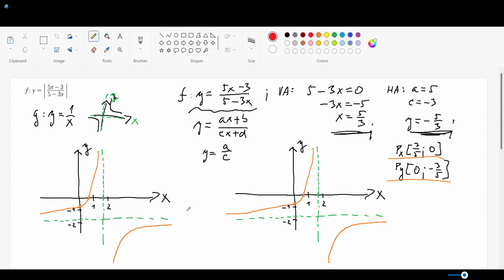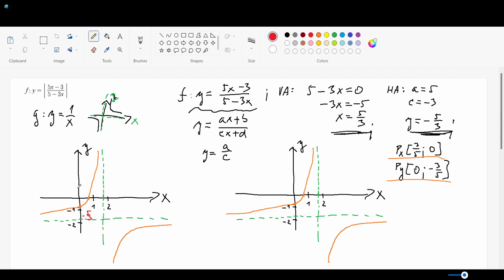But the thing is really very clear and easy to do, because what is also going to be flipped is our horizontal asymptote, which now goes through the point -5/3.